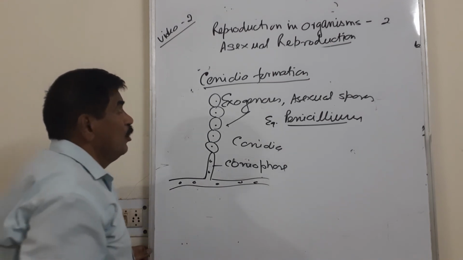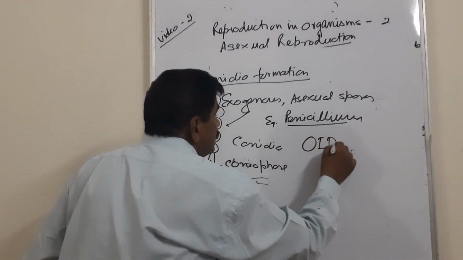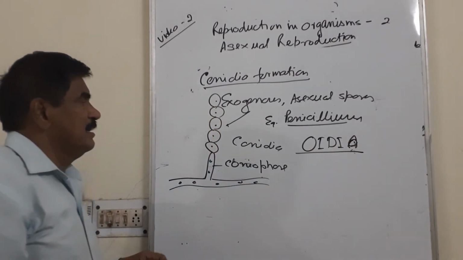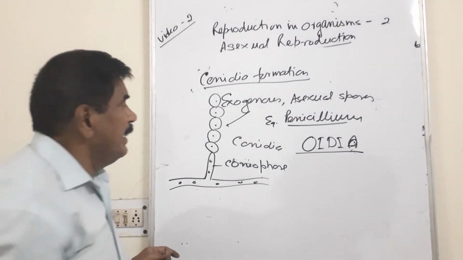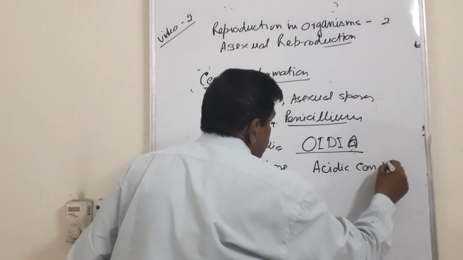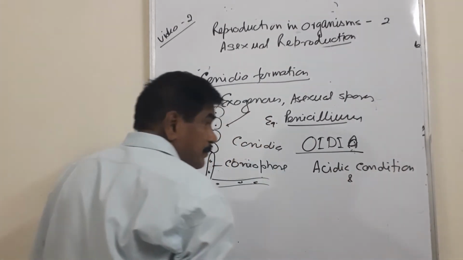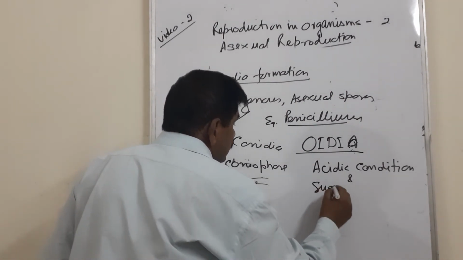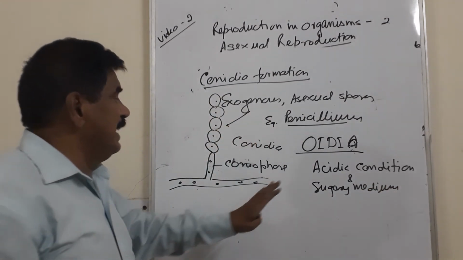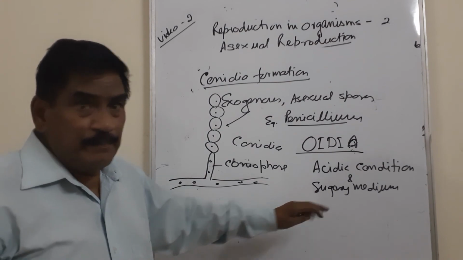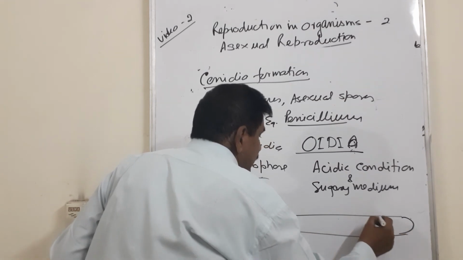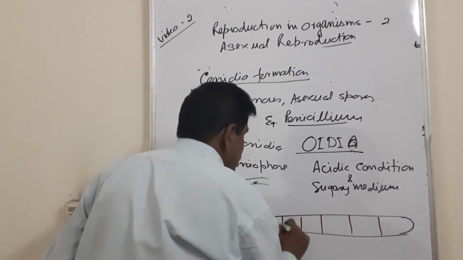Then you see oidia. Oidia is just a small part of a hypha. In acidic condition and sugary medium, if the condition is acidic, and sugary means presence of sugar, the hypha of the fungi divides into small pieces.